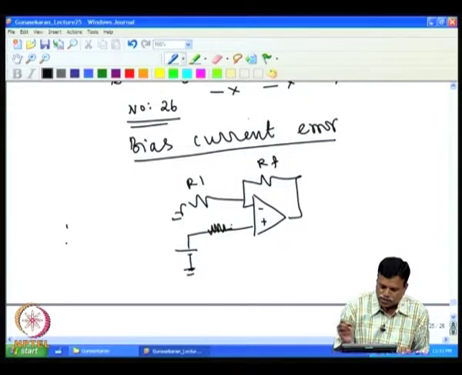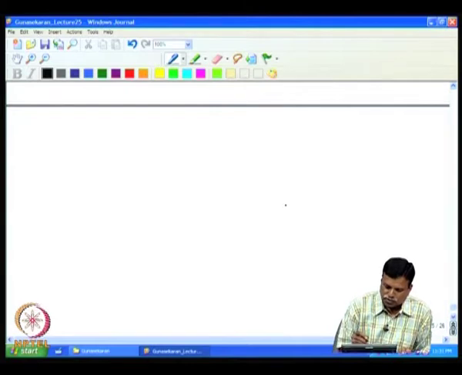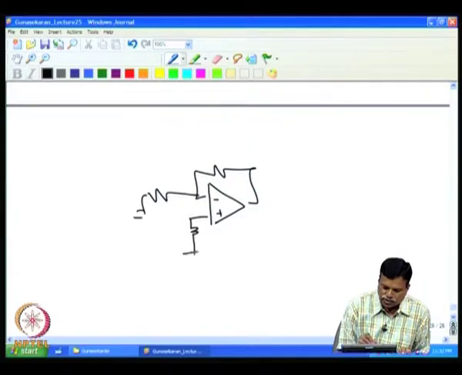There is one possibility, or even before going into that, if I look without the input, say you have the input voltage here. Assume there is no input voltage, then I want to get 0 output voltage, that we can achieve by putting this resistance RB.